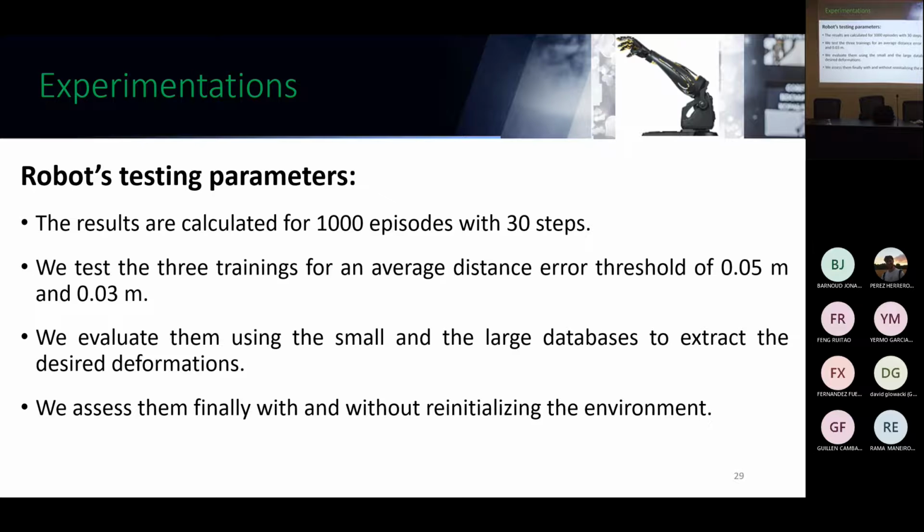And I tested using an average distance error of 3 centimeters to be more precise, and 5 centimeters as in the training. Then I tested on both databases, the small and the large one. And in the end, I tested by reinitializing and without reinitializing the environment. In case we don't reinitialize the environment, the last deformation in the previous episode is simply the initial deformation of the following episode.